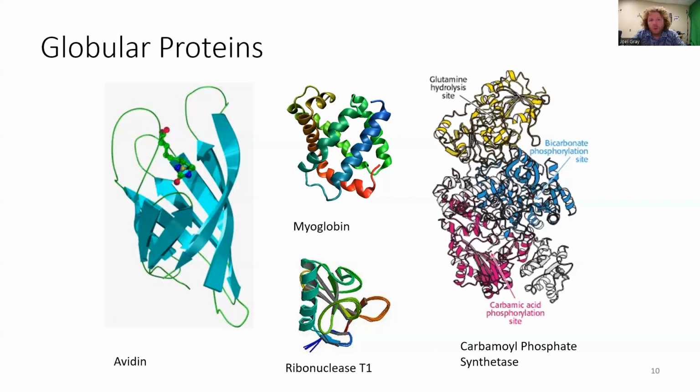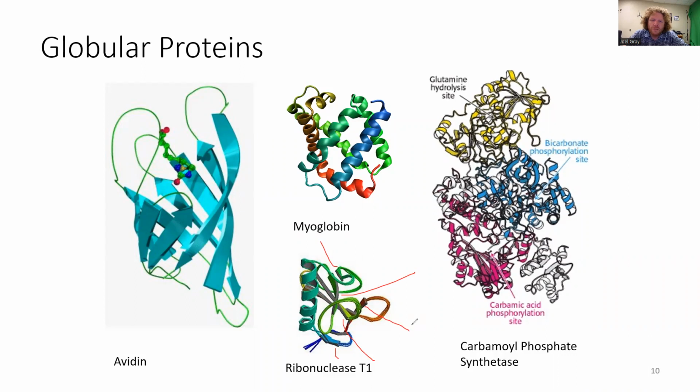Now, if we look at myoglobin, that's a ton of alpha helices, and some random coils. If you look at ribonuclease T1 in the bottom center, it's kind of tough to tell, but if I use my annotate tool, you can see right here, right here, here, here, and here, I've got arrows.